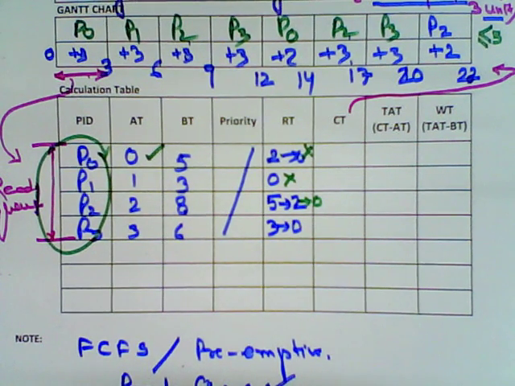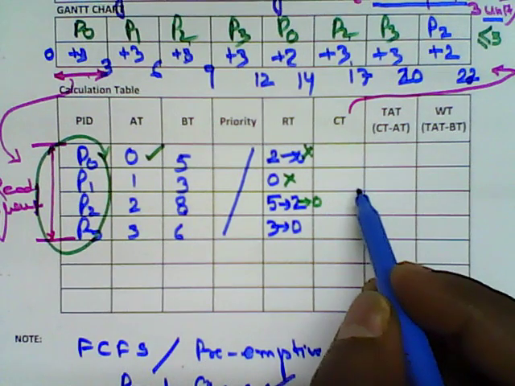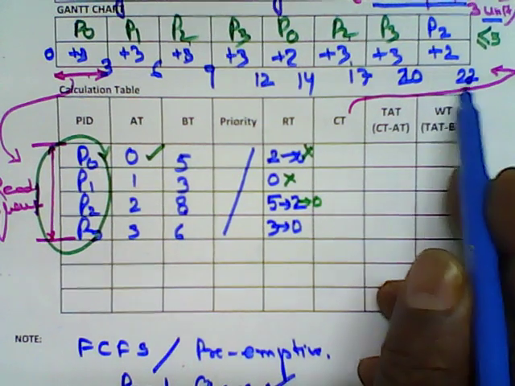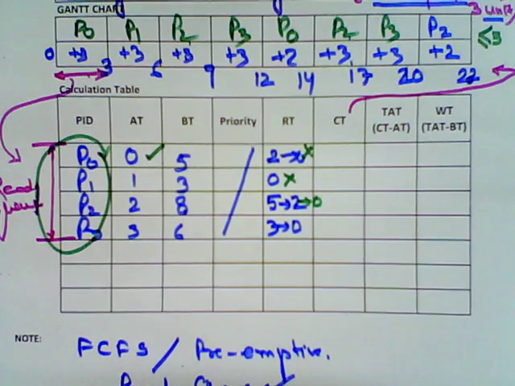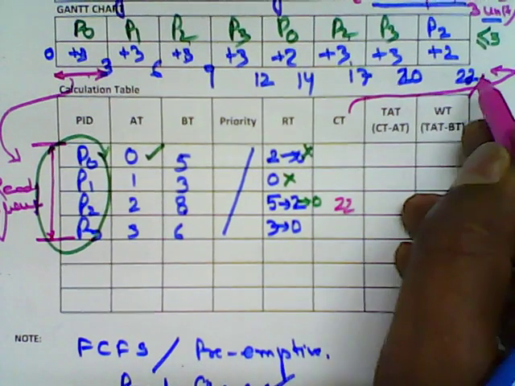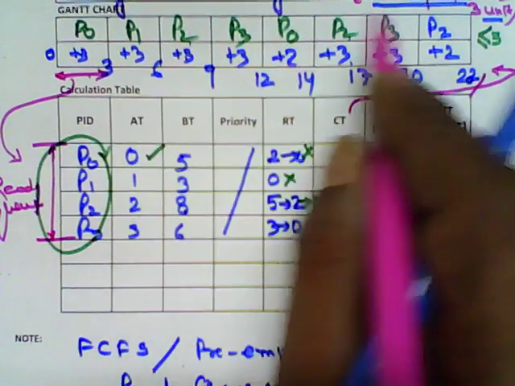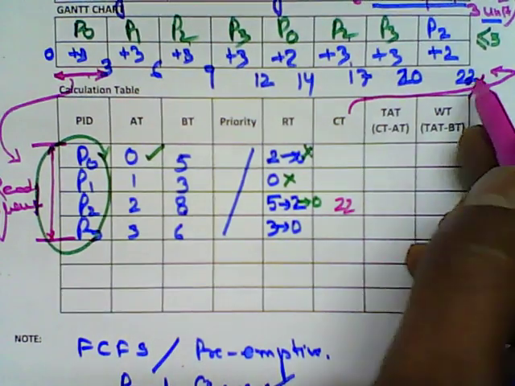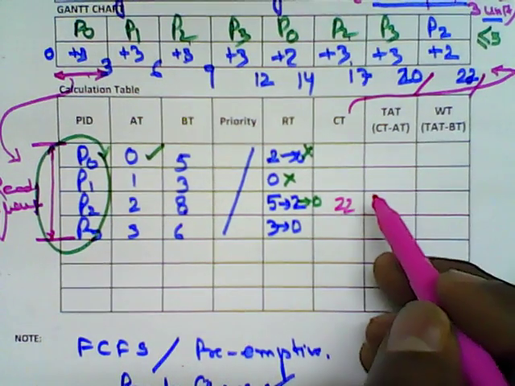P2 is equal to 22. So let me put it this way: P2 is 22, the completion time. Because P2 may be repeating here, P2, P2, P2, but this P2 completes at 22. Then this is over. The next is P3. P3 is how much? The completion time of P3 is equal to 20.